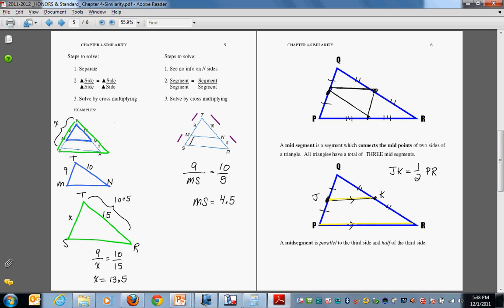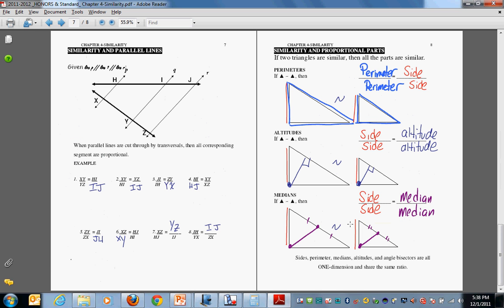A mid-segment is parallel to the third side and half of the third side that it's facing. Parallel lines cut off proportional segments. And when triangles are similar, the parts of the triangles are similar, including the perimeter, the altitudes, and the medians, and any other one-dimensional part as well.